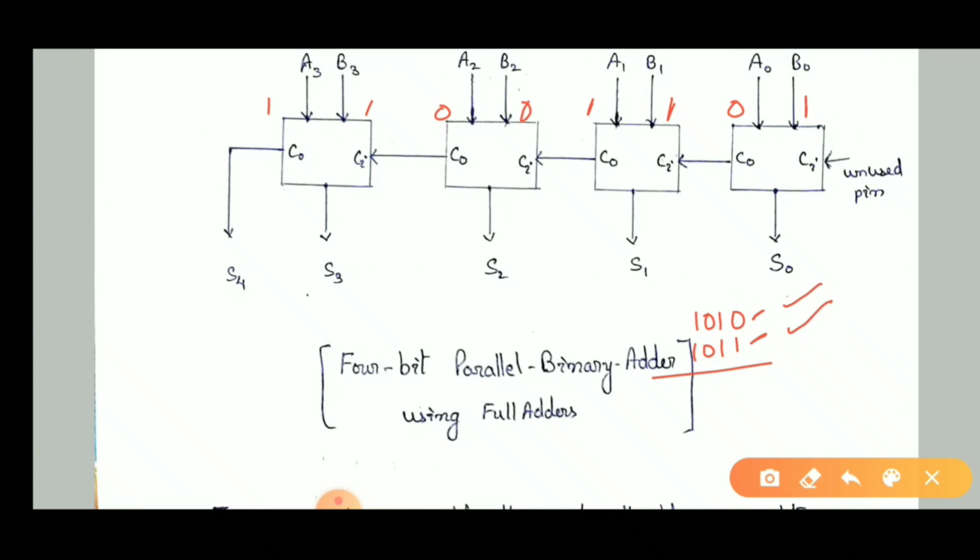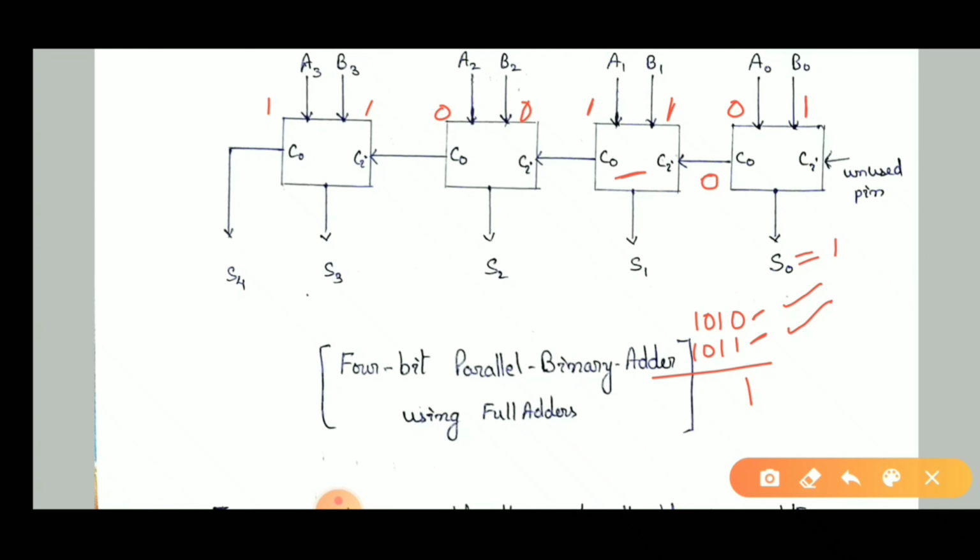Now observe the output, that is sum and carry. Here 0 plus 1 is equal to 1. That means sum S0 is equal to 1. Here there is no carry, that means carry is 0.